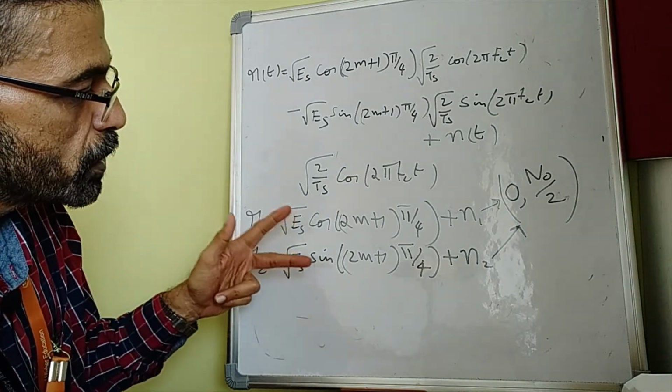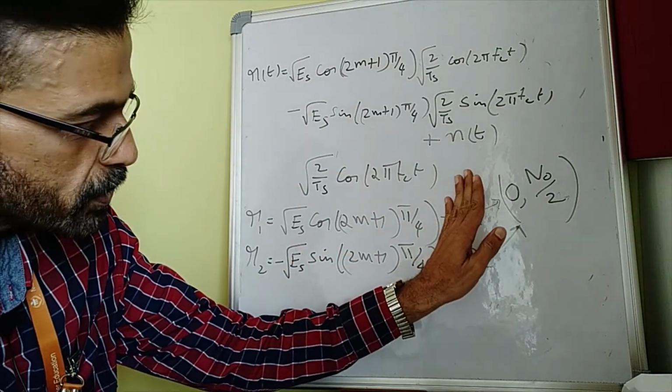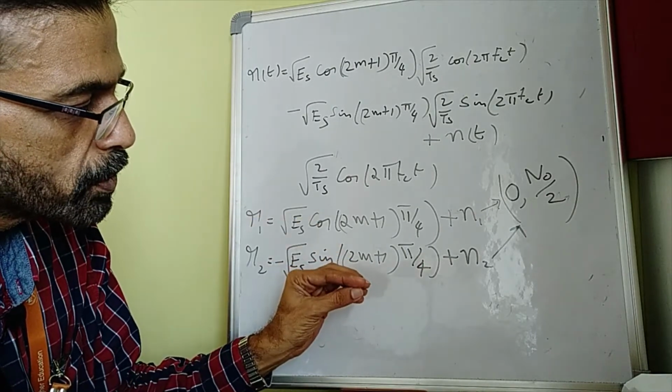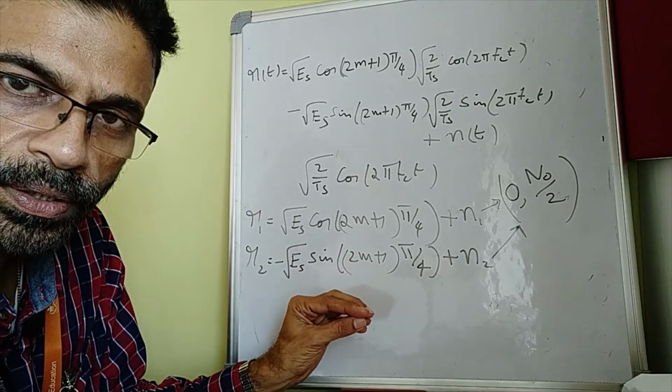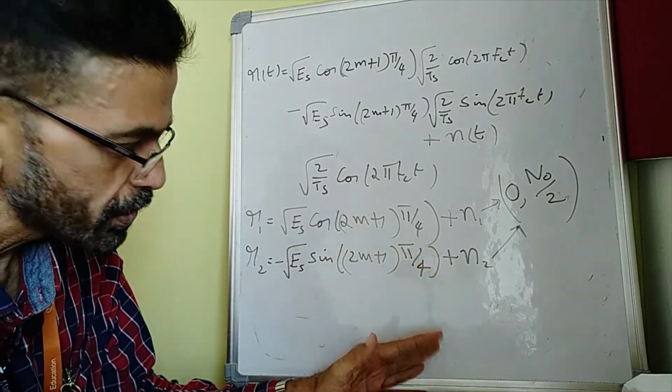So this is what we will get as R1 and R2, and in the absence of noise you can see that R1 and R2 explicitly give the coordinate of the signal point on the signal space diagram, on the constellation.